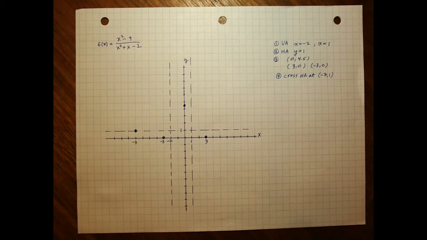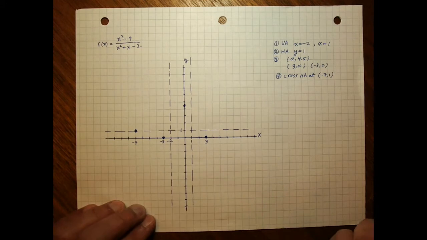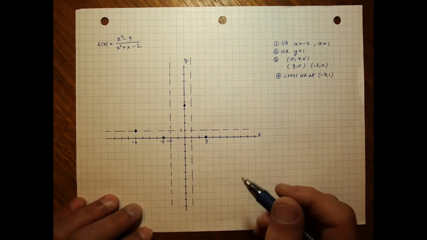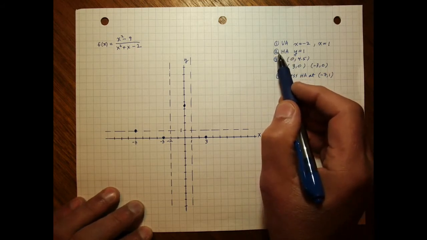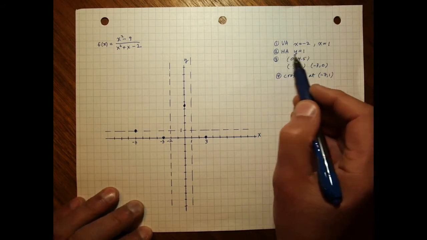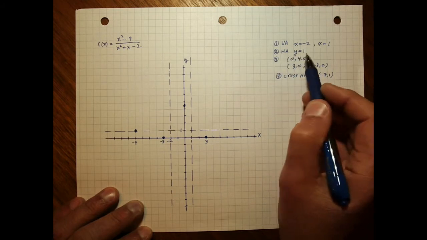And so now I'd like to go ahead and fill in the graph. All we have are a few points to work from so far. What I'd like to do is first think about what the horizontal asymptote tells us about the graph.